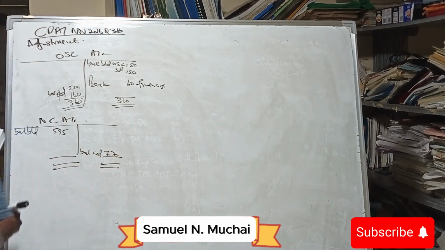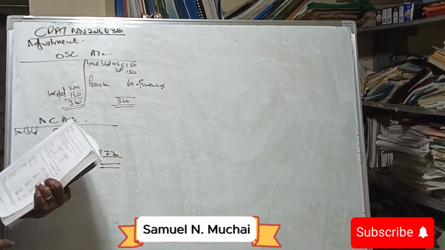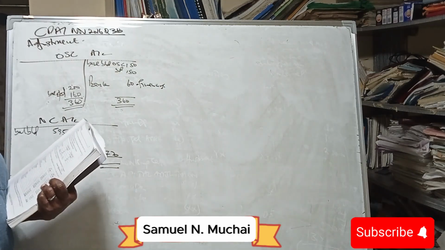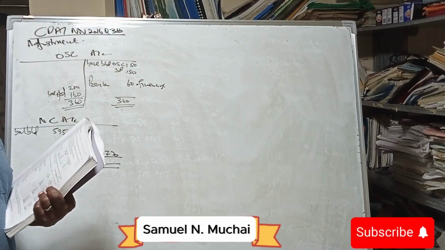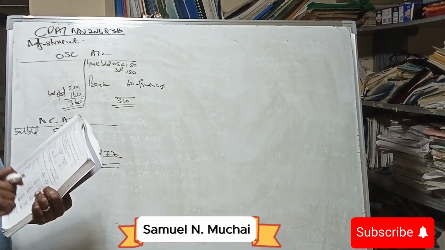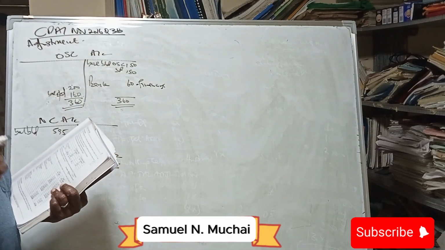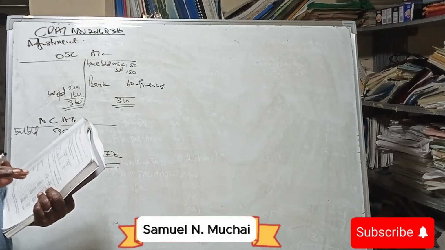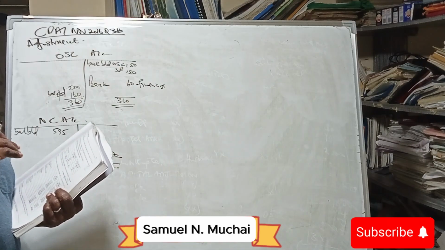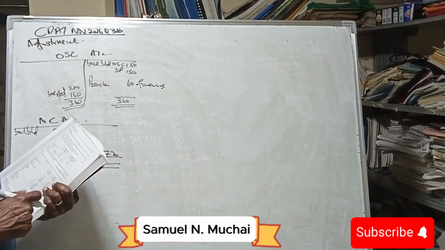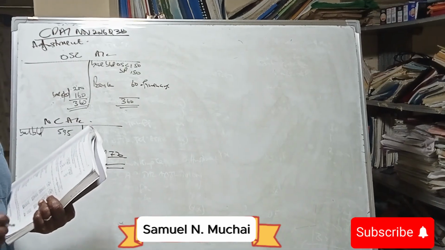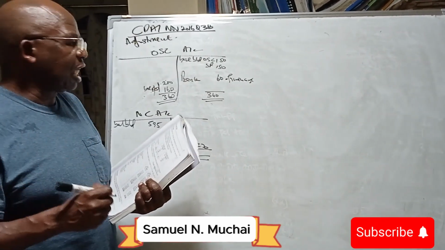Please mark this. Anytime you're given the original cost and the accumulated depreciation, you reconstruct the asset account and you reconstruct the depreciation account. The asset account will give you the disposals or additions, and the accumulated depreciation account will help you to get the charge for the year.